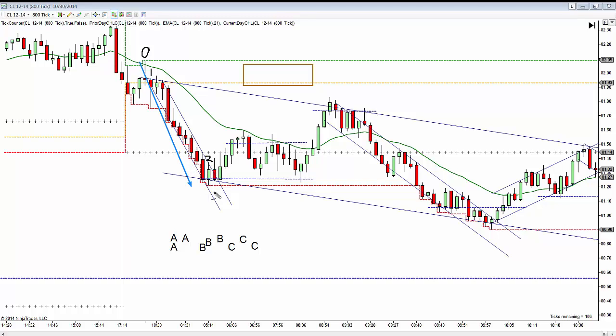Now, if you're going to rank this second entry long, what would you rank it? I've got these three ranks here: A, B, or C. An A rank is one that is pretty evident. It's a strong bar going in your direction, in this case a strong bull bar.